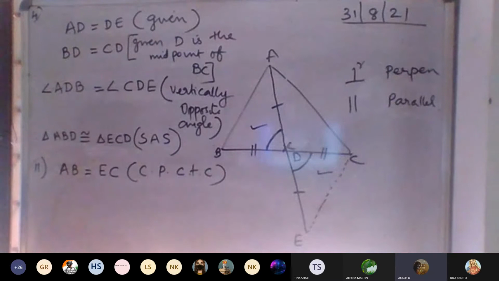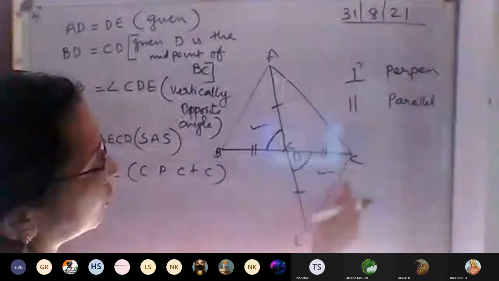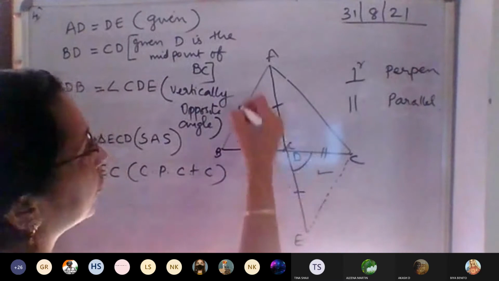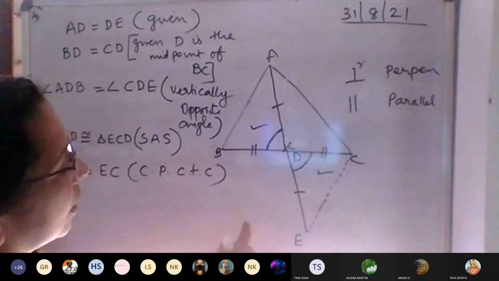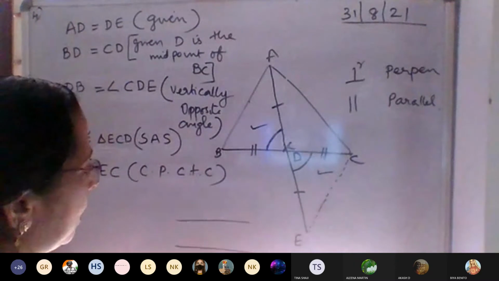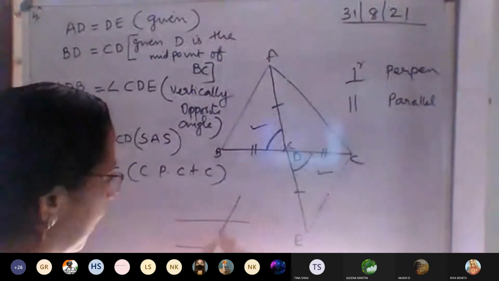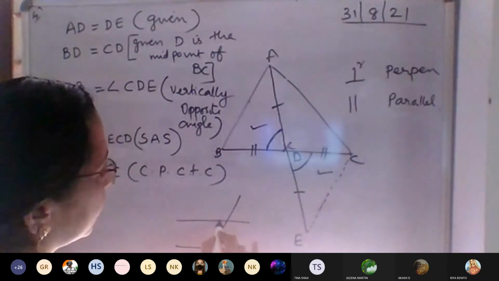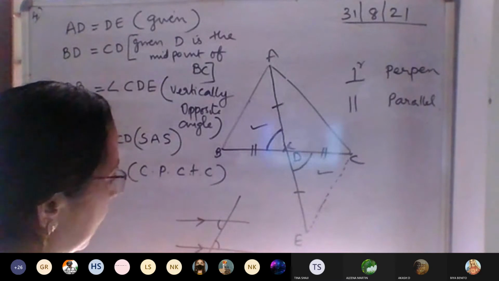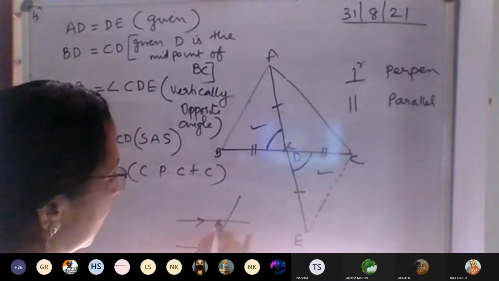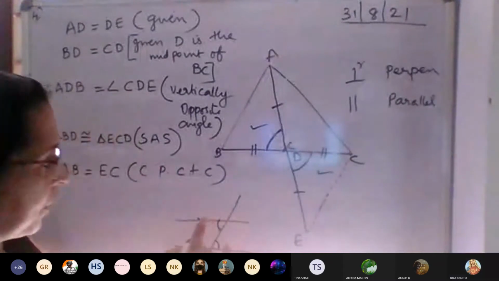That means the third part we have to find out: AB is parallel to EC. We have to prove these two are parallel lines. If two lines are parallel and we draw a transversal, alternate angles will be equal.